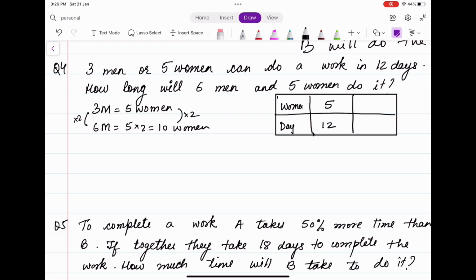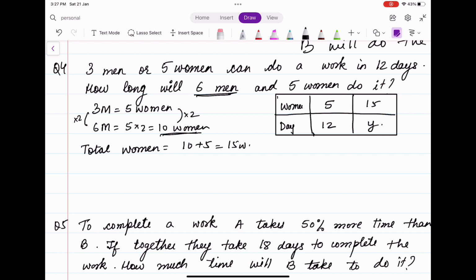So let's take here women instead of men. It is 5 women, 12 days, and here in case 2 it is 6 men which is equal to 10 women. So total women in second case will be 10 plus 5, that is 15 women. So we write here 15 and we have to find out y here. ज़्यादा वुमेन ज़्यादा काम होगा क्या? नहीं, ज़्यादा वुमेन कम काम होगा.